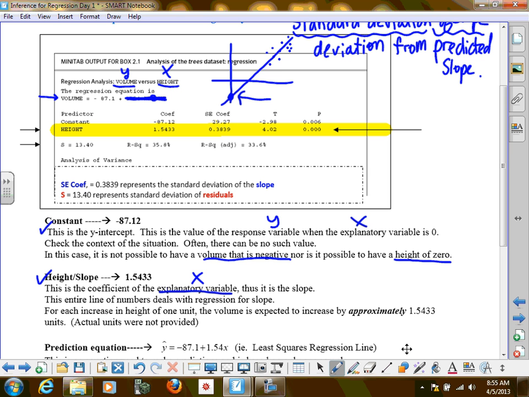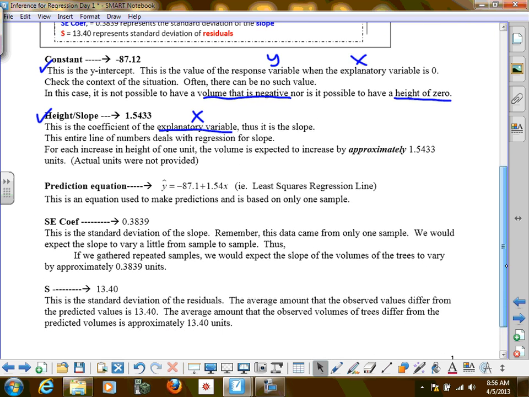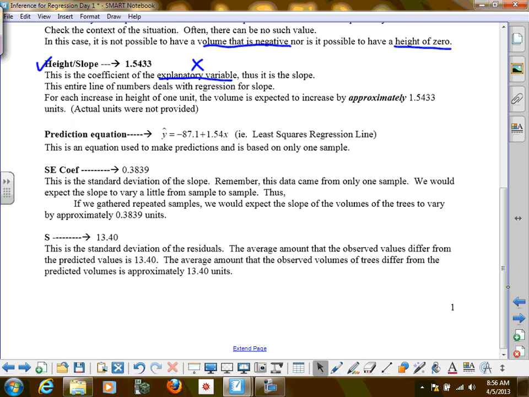We will know what that entire line and all those numbers represent. All that we know so far is this 1.54, but we will learn what these other things mean. Prediction equation, you already told me that.